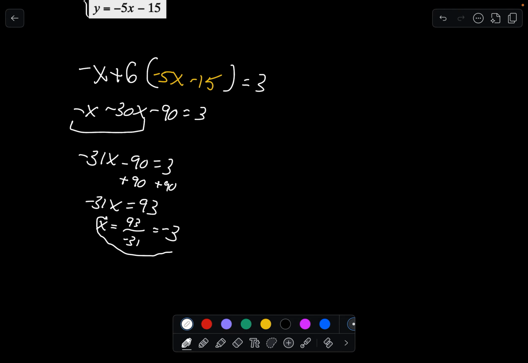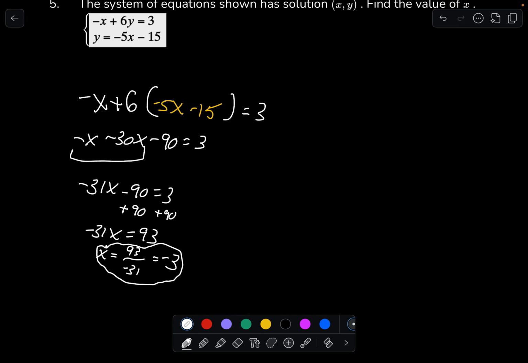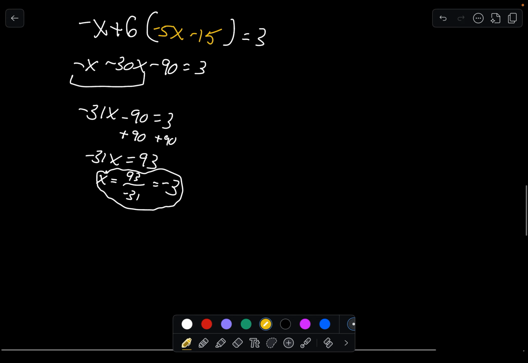But if they said solve this system, you would have to take that x and plug it into either one of these two equations. I personally would plug it into the one that gives you y. I'm just going to show it to you just so you can see it. So this becomes 15 minus 15.